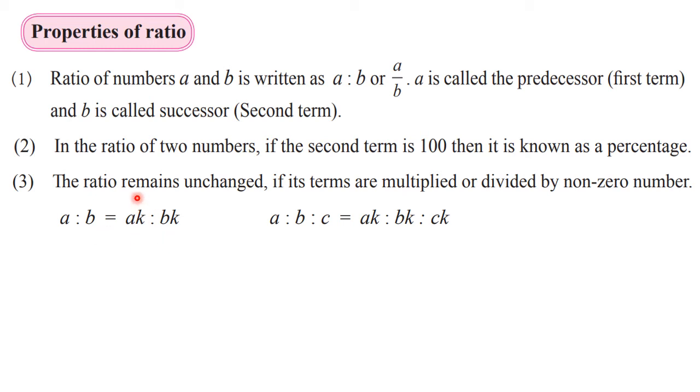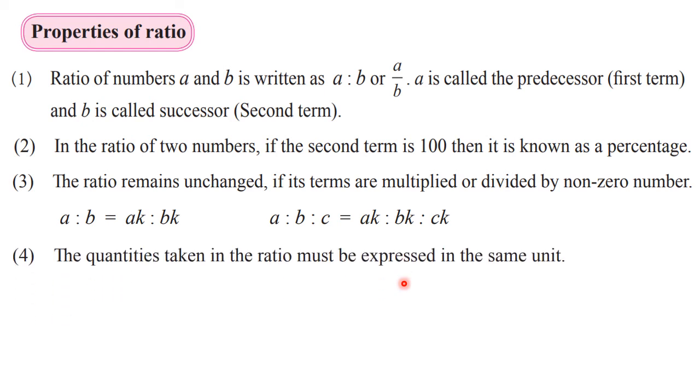That means we have multiplied both the terms by some constant number, that is K. In case of three numbers also, we can multiply by the same number everywhere. That means A is to B is to C is same as AK is to BK is to CK. So in the ratio we can multiply or divide by the same non-zero number in both the places or to every term here. Okay.